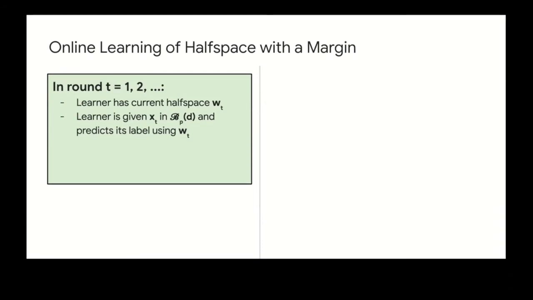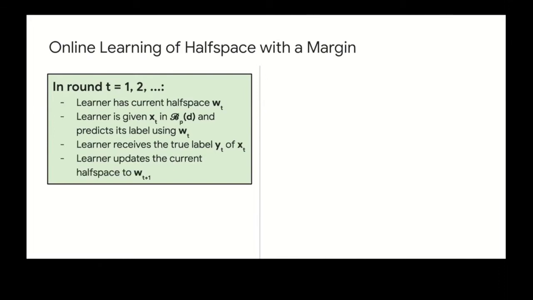The learner is then given a sample x_t, but without the label, and uses w_t to classify x_t. Then once this classification is done, the true label y_t is revealed to the learner. The learner can then use this information to update the hypothesis from w_t to w_{t+1}.